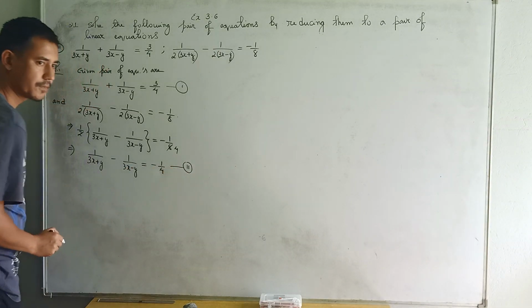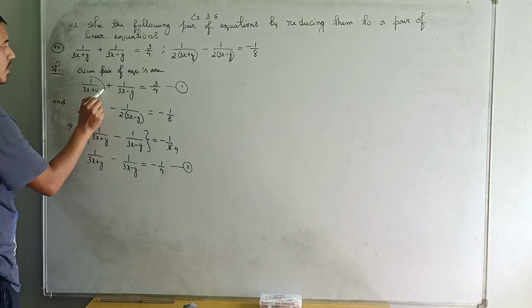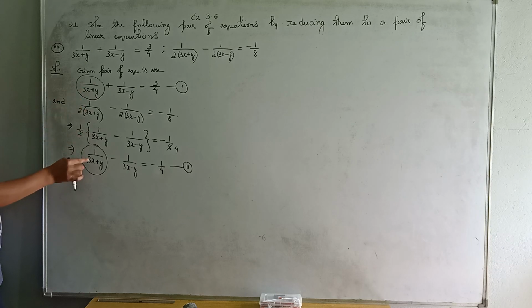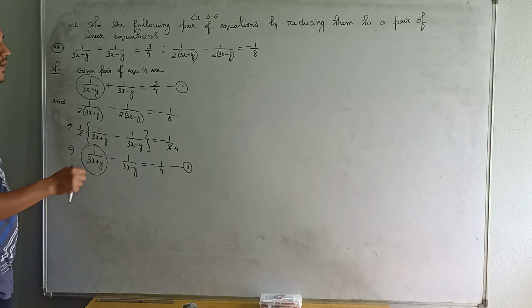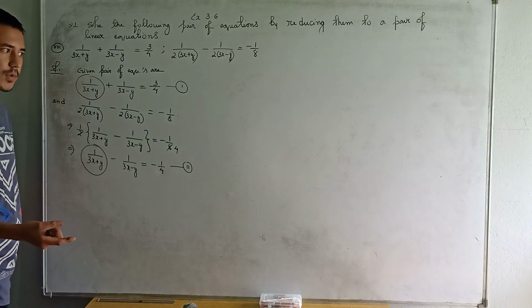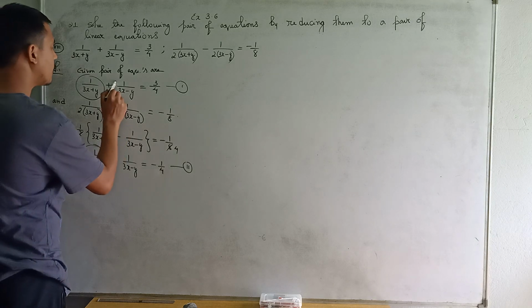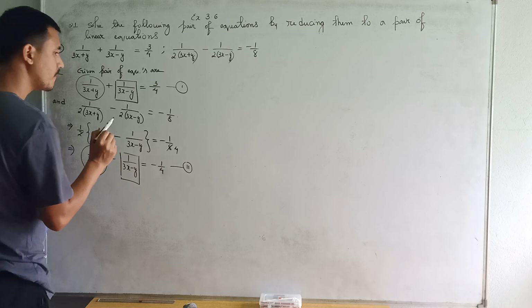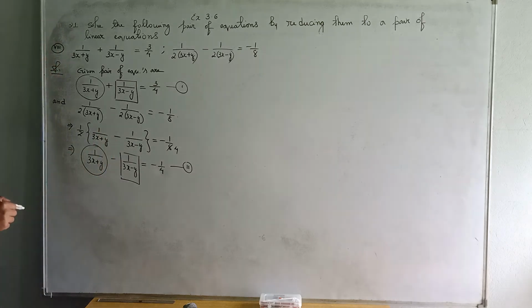Equation 2. Now see, this is 1 upon 3x plus y, this is also 1 upon 3x plus y, the same. So I can replace this by another variable u, which will be linear. We have 1 upon 3x minus y in both, so we can replace it by another variable v.